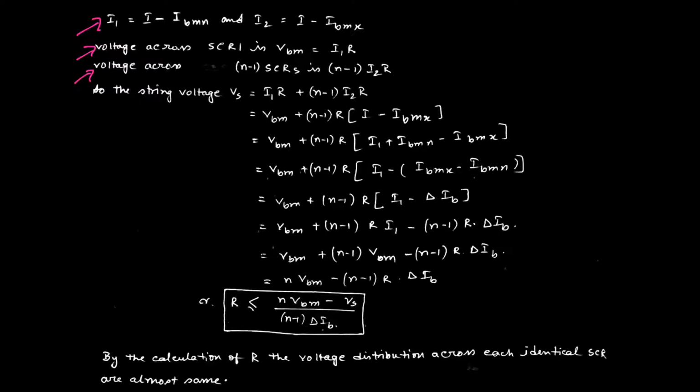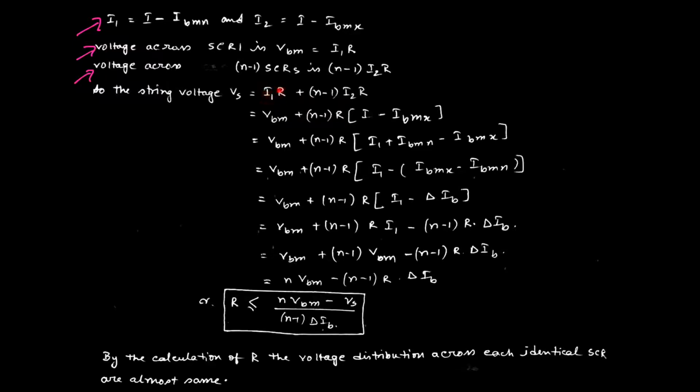From the string voltage, we can write the expression: the total string voltage Vs should be equal to the total voltage drop across each parallelly connected resistance.